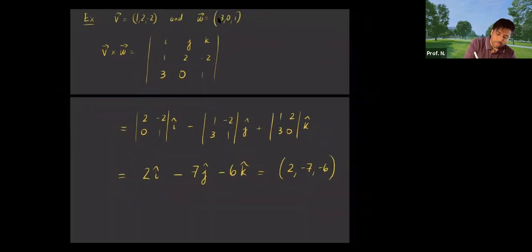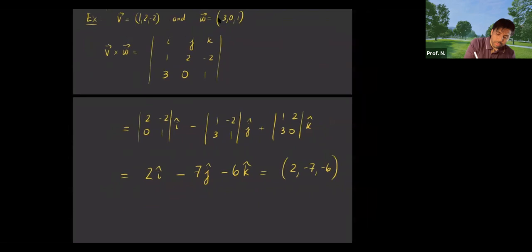So this would be my cross product. The vector v cross w, pardon me, is orthogonal to both v and w. It's orthogonal to both.